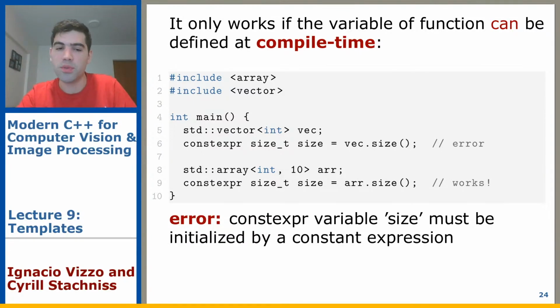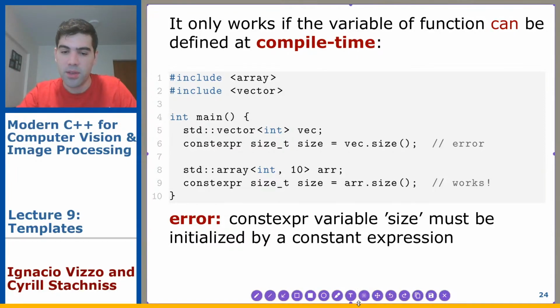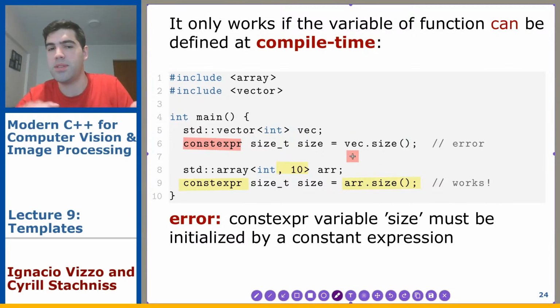But this doesn't hold true for an array, because now you know the meaning of this: you're passing that you want an array of 10 elements, and the size is guaranteed to be 10 at compile time. So this can be a constexpr, but this cannot, because you don't know the size. That's a small detail.